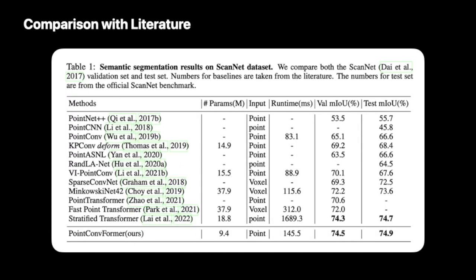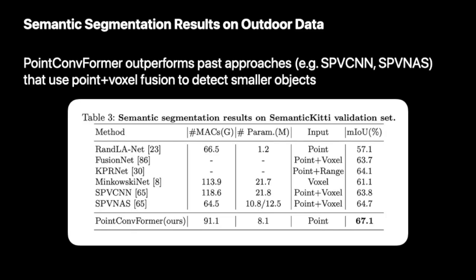Compared with previous work, we can see that we perform better in both accuracy and runtime than previous point-based methods. In outdoor scenes, we also outperform the Minkowski network by a significant margin, as well as some other point plus voxel fusion methods from the past.